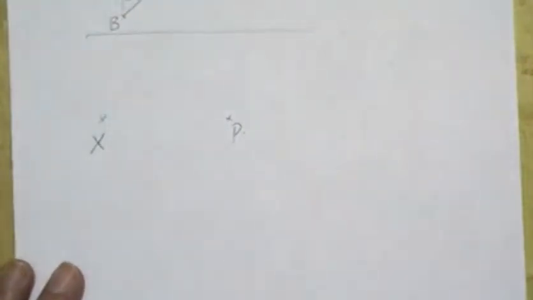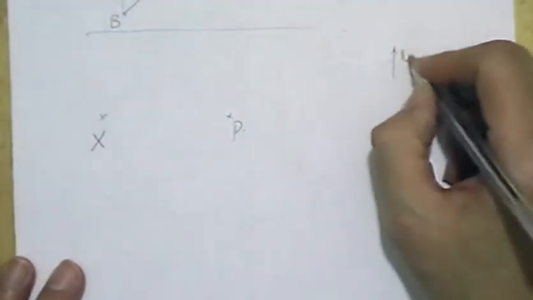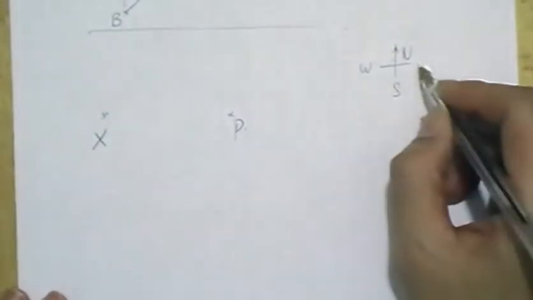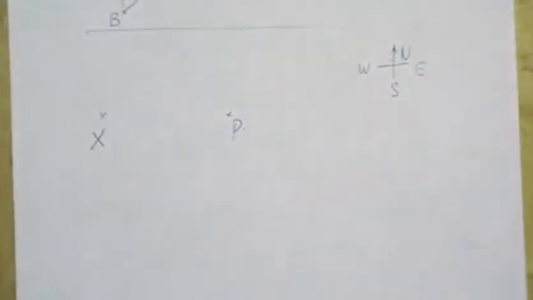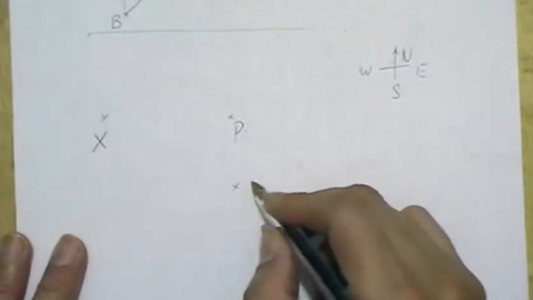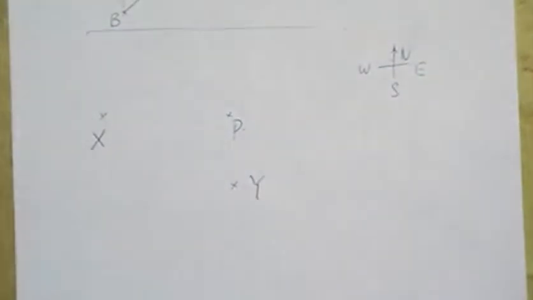To the west, so north would be up there. That's north, so that's south, west would be there, east would be there. Now let's say I have another point Y, which is to the south of P.